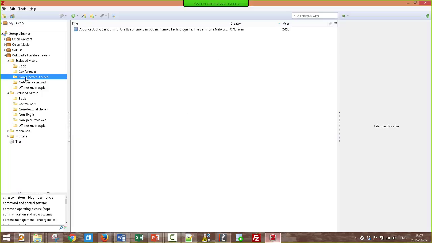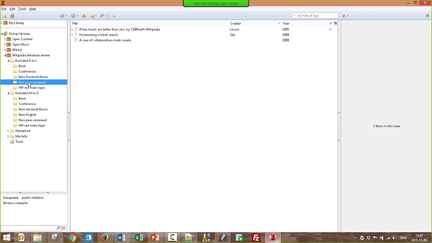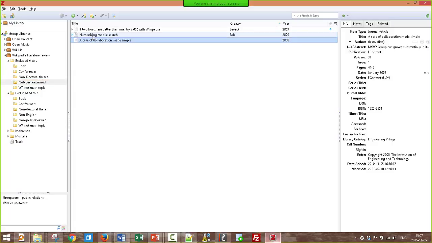Then we included doctoral theses, so doctoral dissertations, but non-doctoral theses, like a master's student thesis, we did not include. So that's why this one is excluded. Then we decided we would not include work that was not peer-reviewed.